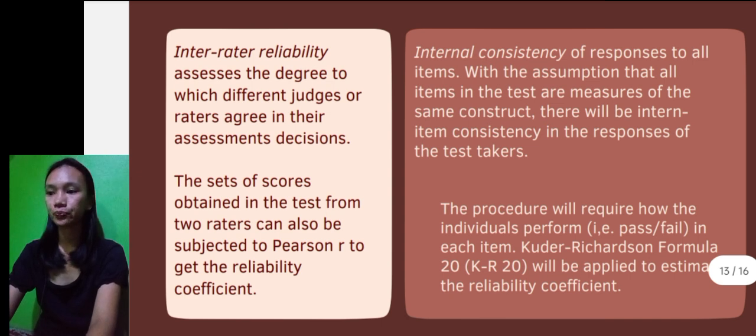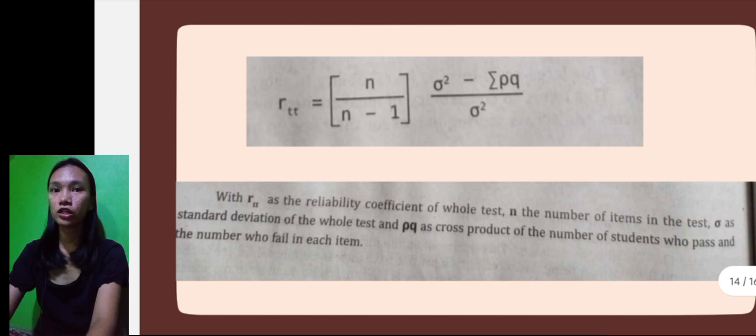This equation is commonly used in item analysis and to estimate the internal consistency reliability of binary-scored items, correct or incorrect responses. A higher reliability coefficient indicates greater reliability, meaning the test items are measuring the same construct consistently.